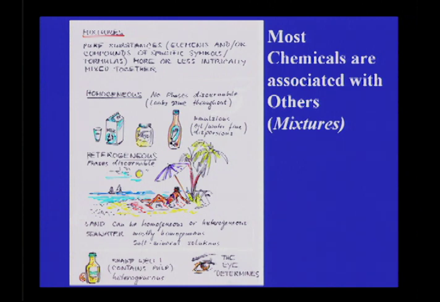Now mixtures, as I already mentioned, are a conglomeration of pure chemicals. Often you cannot tell whether something is a mixture or not, so therefore we have to work up the chemical and apply certain separation procedures to get the components in their pure form again.